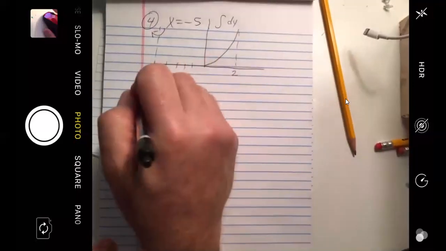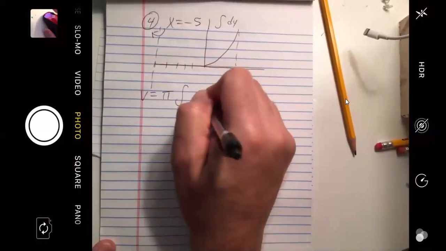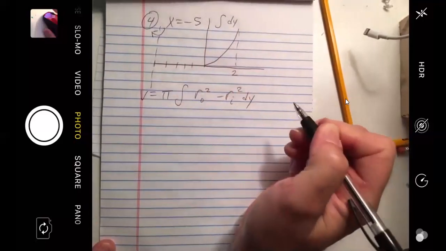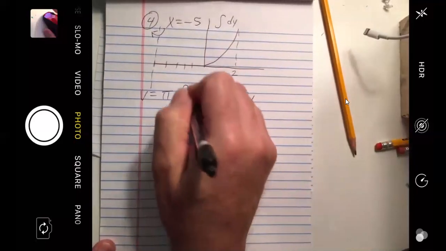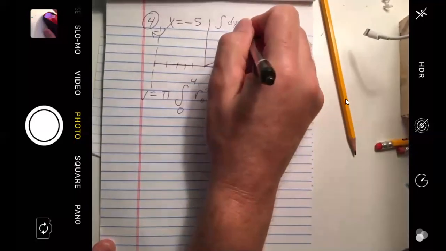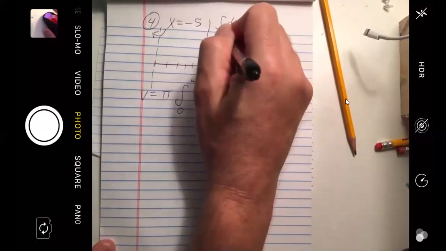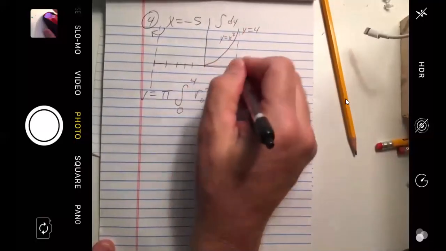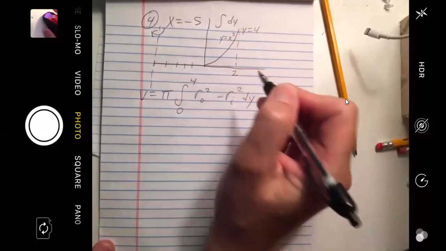I'll write it down, pi integral r outer squared minus r inner squared dy. Can you see the 0 to 4 doesn't change? This is y equal 4, 2 squared. This is y equal x squared, so 2 squared is 4.